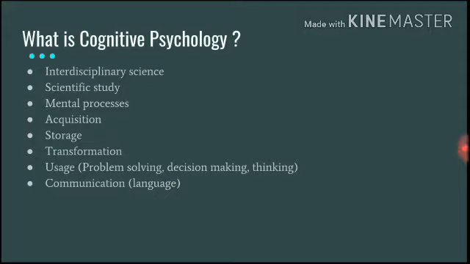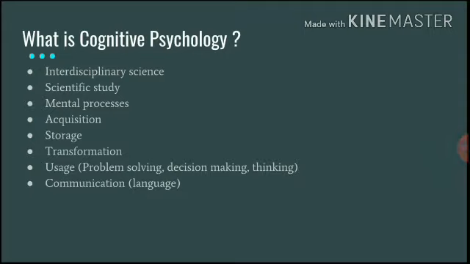And eventually, we're looking at how this information that has been stored can be utilized to solve problems, to help us make decisions, and also to help us communicate with other humans.